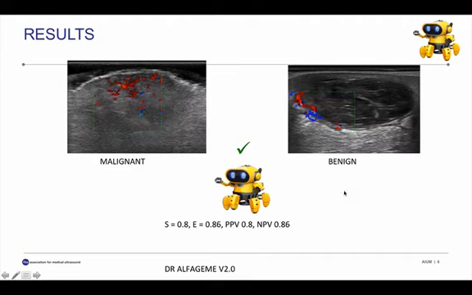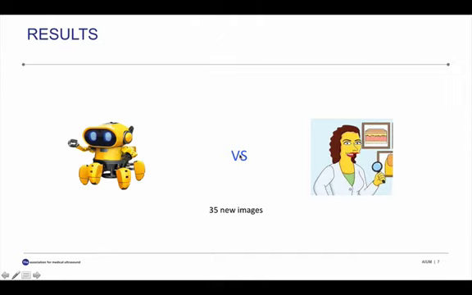With new data, we also offered the possibility to compare the ability of our artificial intelligence with an expert human, using 35 new images.